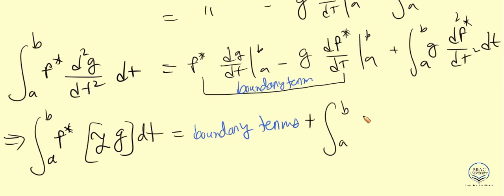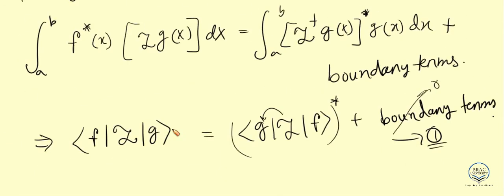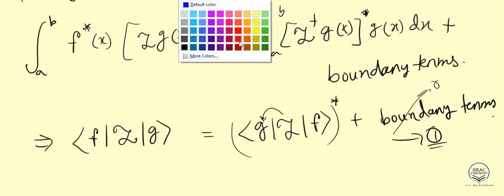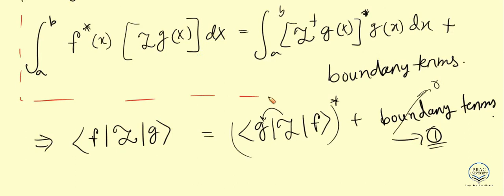So we can write it as L dagger with f star, that is acting on f star, or you can write the whole thing like this that we wrote before, that is L dagger is acting on f, and you are taking the complex conjugate of the whole thing, right? And there is just g, and there is dt. This is entirely similar to the definition we provided above, that is this definition.